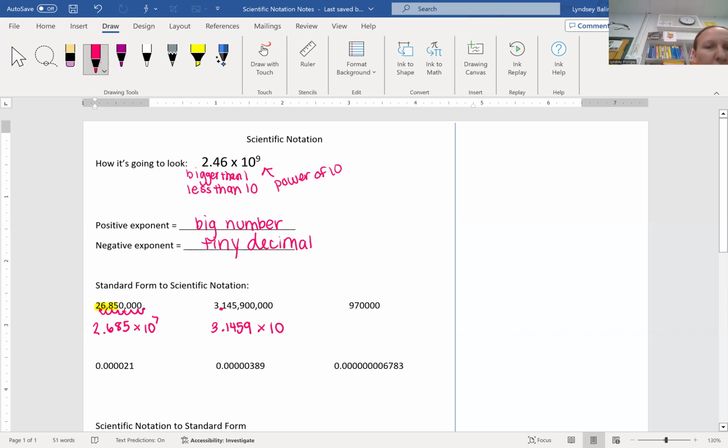Here it's nice because they're in groups of 3. So 3, 6, 9. So this is going to be 3.1459 times 10 to the 9th power. And then my last one on this row, I'm going to put the decimal there. So that's 9.7. And it was 1, 2, 3, 4, 5. So 9.7 times 10 to the 5th power.